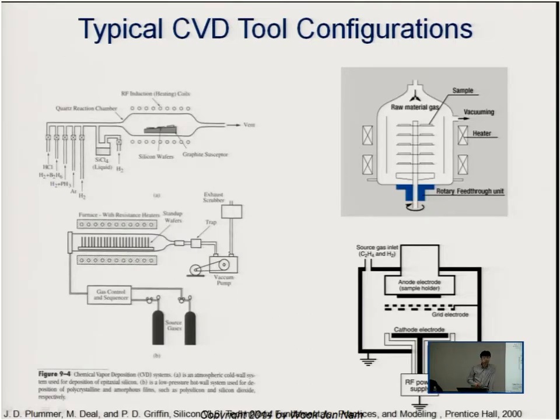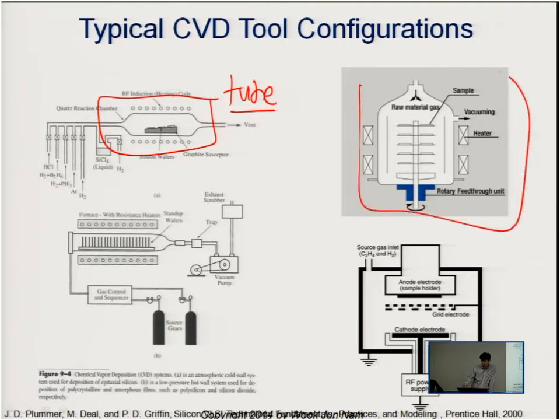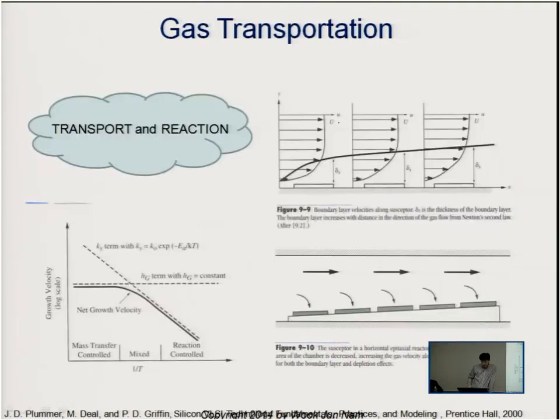So this is the general tool configuration. Basically, people use a tube type or a barrel type. Since it's using a reaction gas, the flow rate is pretty important.